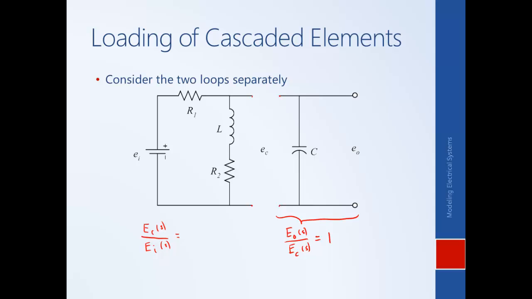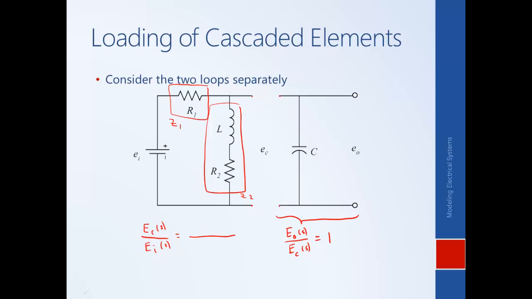This again has the form of a voltage divider. This is like our Z1, and then these two components in series are like our Z2. So the transfer function of a voltage divider is Z2 divided by Z1 plus Z2.